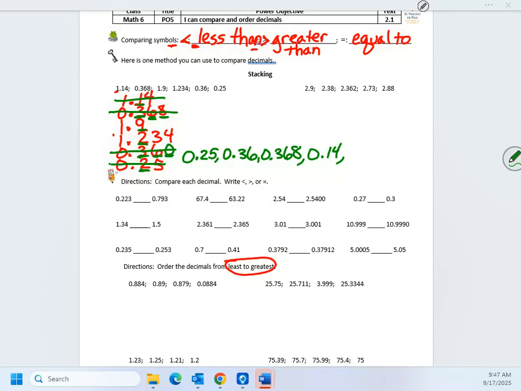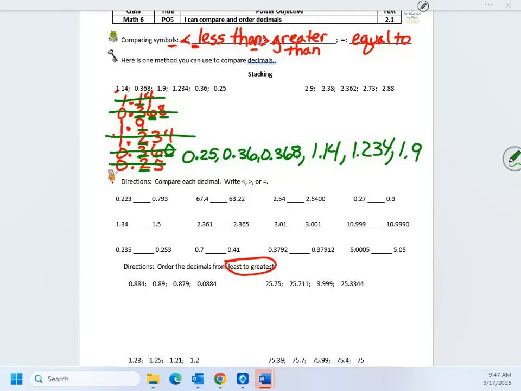What should I make next? Michael? The one with the 0 there instead. So what's my next number going to be? 1 point what? Matt? 1.234. And then my last one is going to be that 1.9.